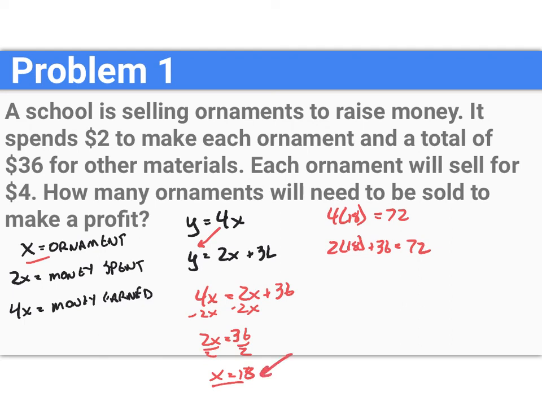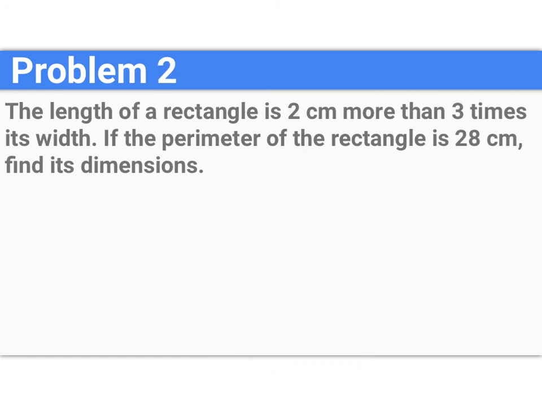So how many ornaments do we need to sell? 18. What was tricky about this one was letting x be the ornament. The variable here was your ornament, and a 2 and a 4 were your coefficients because the numbers have to multiply the variable. So that's that one.